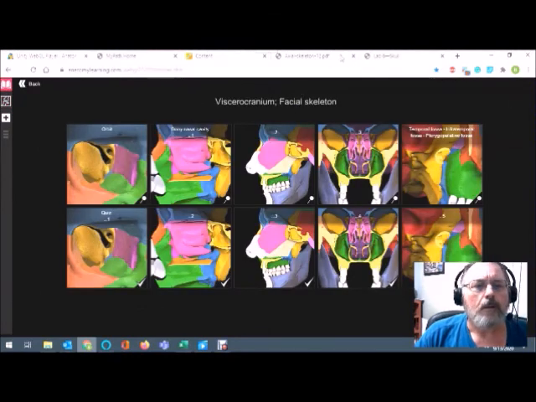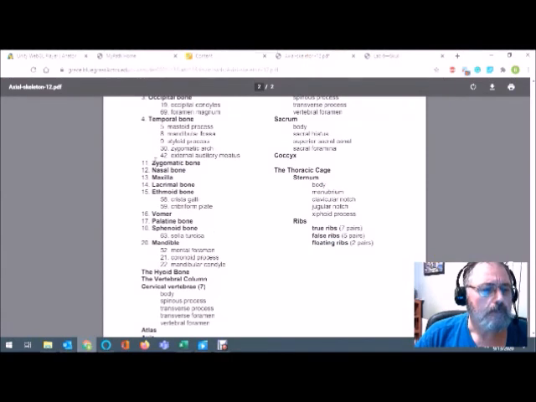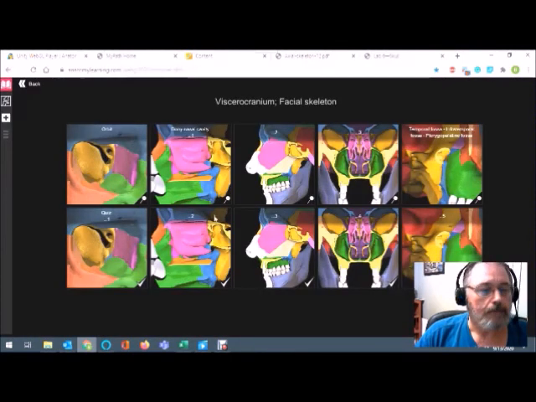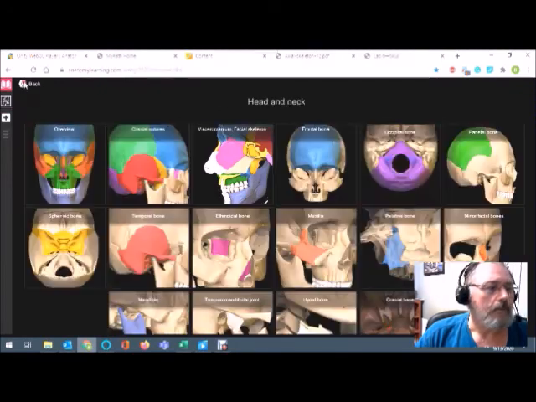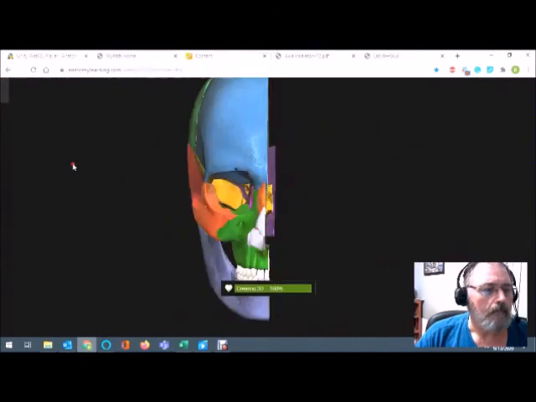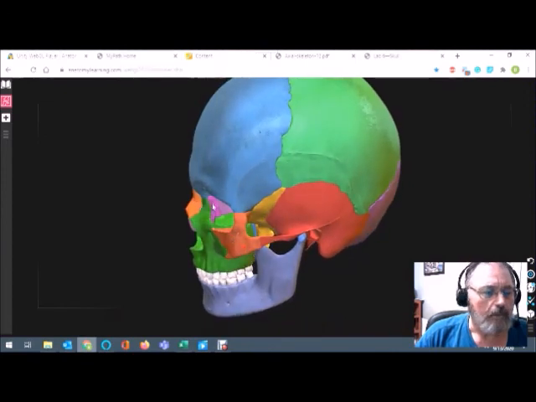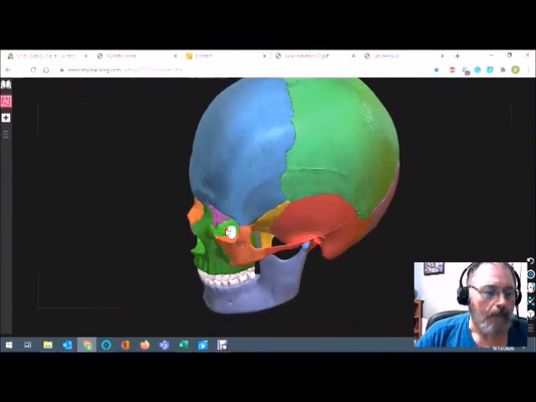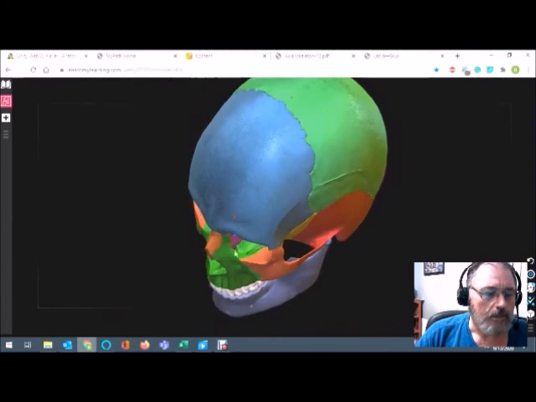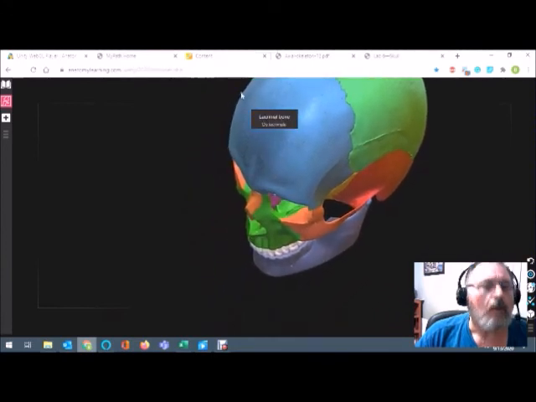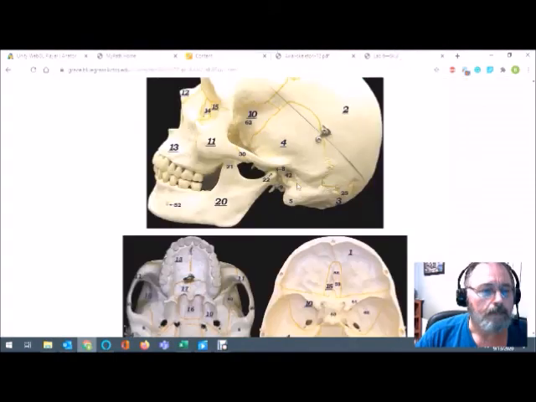Now, let's go to our next set of bones, and we are looking at the lacrimal bone. So let's back up here. And the lacrimal bone, it's this little purple bone right here. And it has a structure in it. It's got a hole.